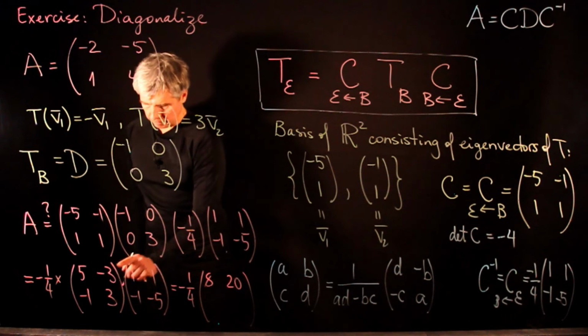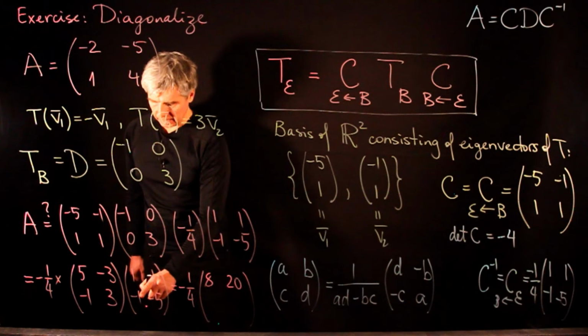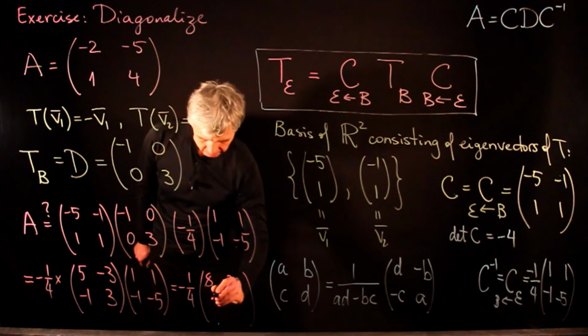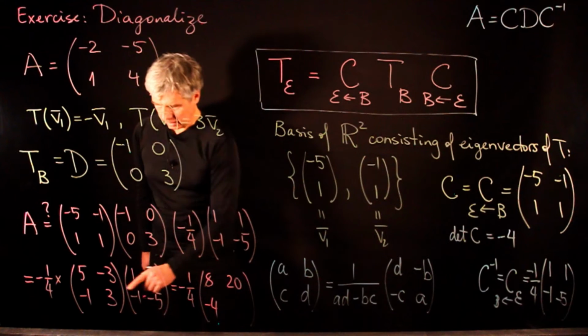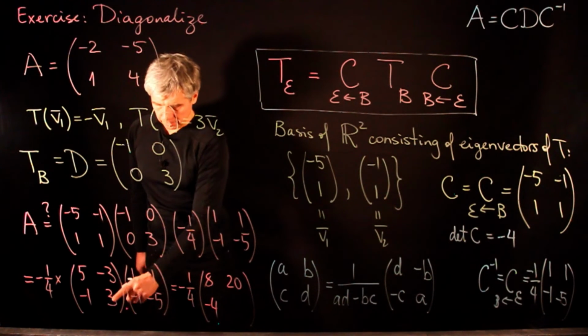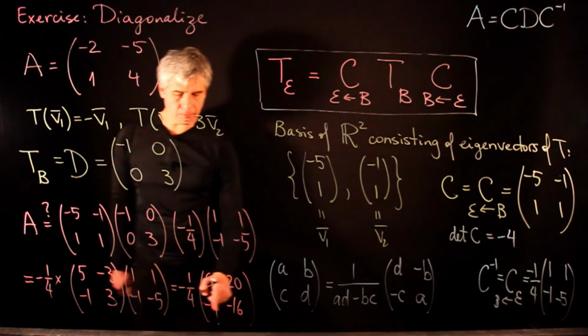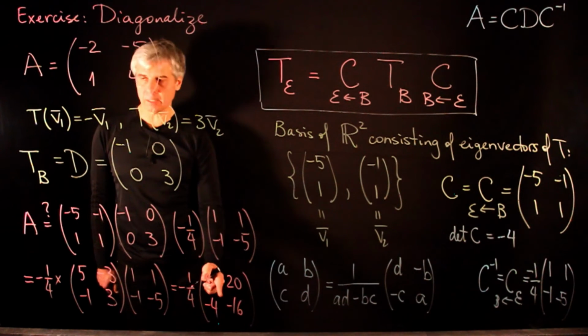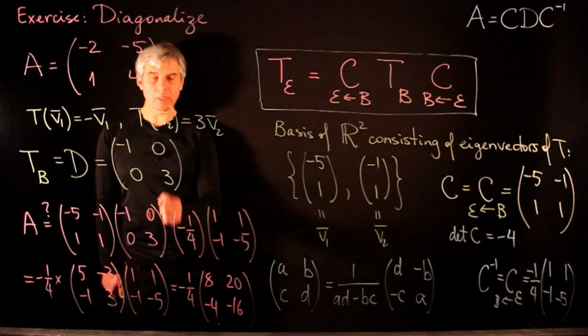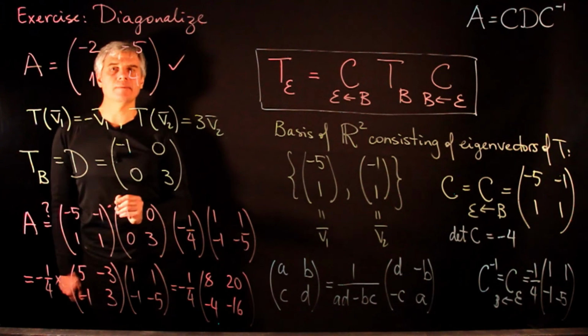We have minus 1 minus 3, that's negative 4, and minus 1 minus 15, that's negative 16. And if we take this matrix and divide it by minus 4, then we exactly get matrix A.